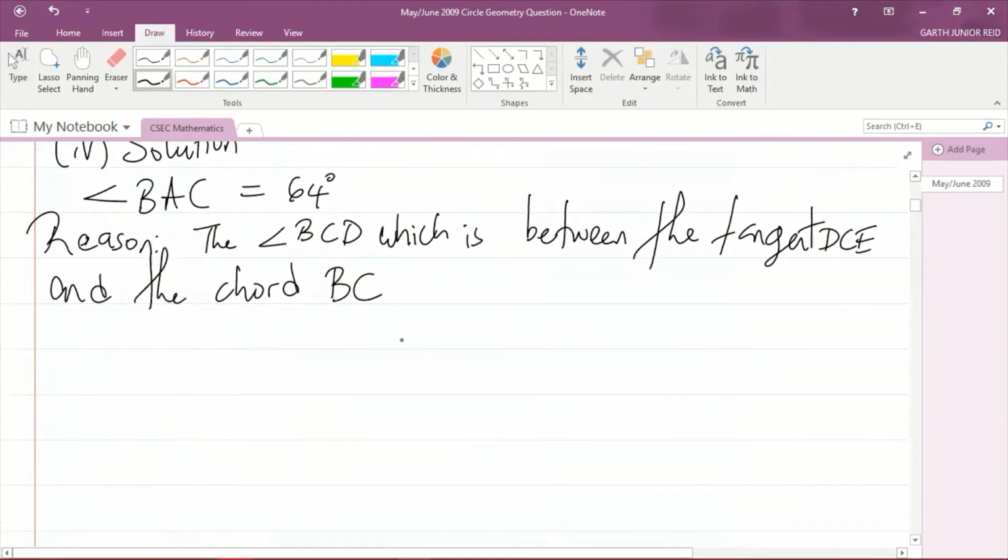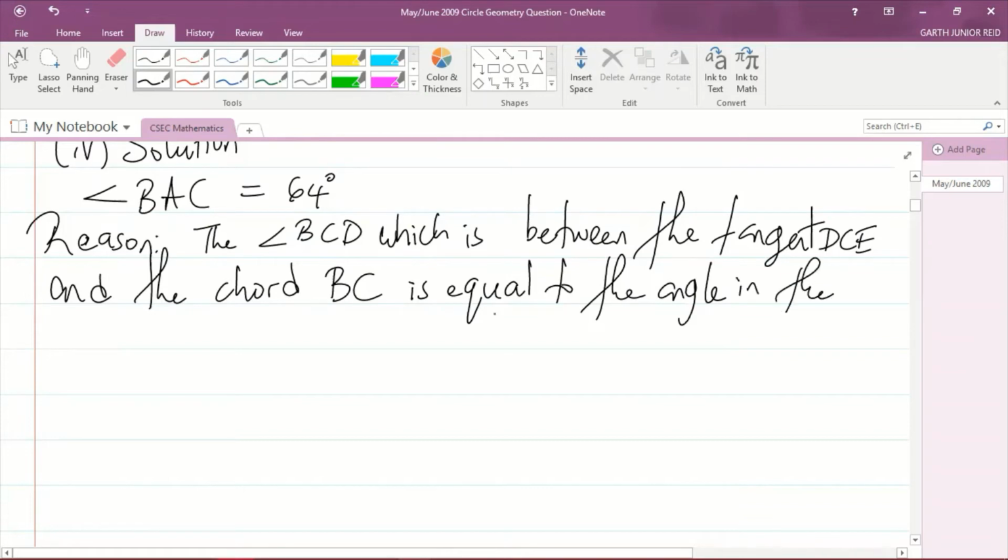since the angle between the tangent and the chord, then we know that they're equal, right? The angle between the tangent and the chord is equal to the angle in the opposite segment.